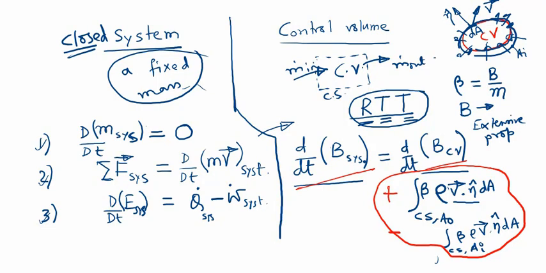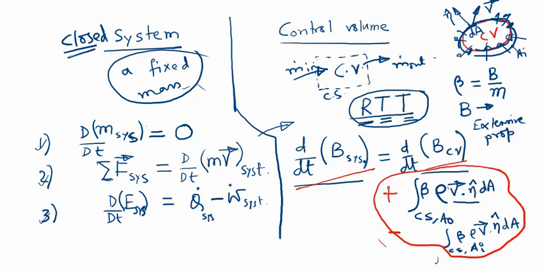So this particular Reynolds transport theorem gives an idea how the rate equations in case of a system and a control volume are related. The only extra terms are these, and this term indicates the rate of that property going out with the mass from the control volume minus the rate of that property going into the control volume.